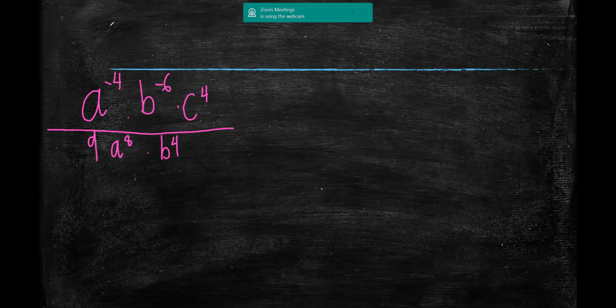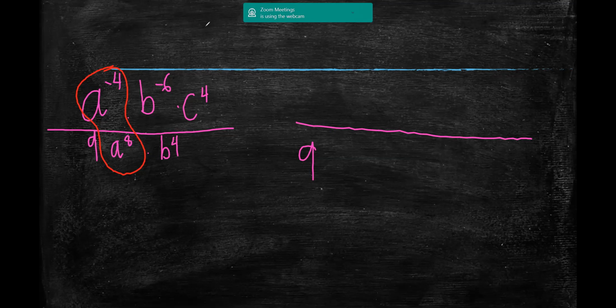So here we have now, let's put it like this. Put 9 down. Then look at the a's here. We have a to the power negative 4 and a to the power 8. If they are divided, you have to subtract the exponents: negative 4 minus 8, which is negative 12.